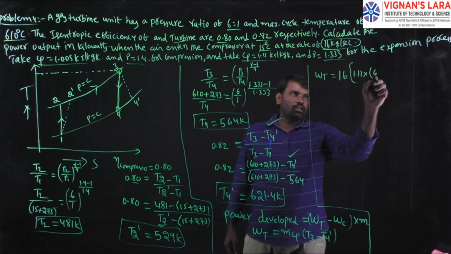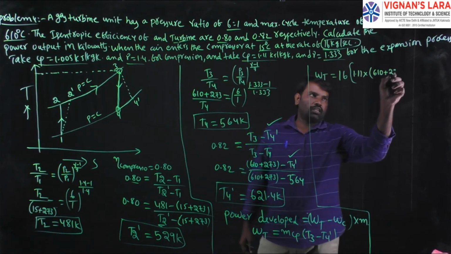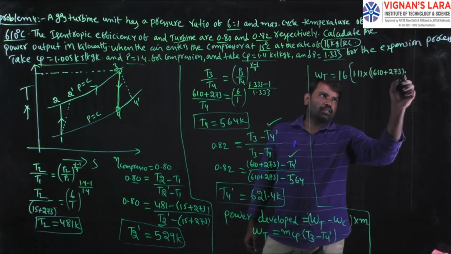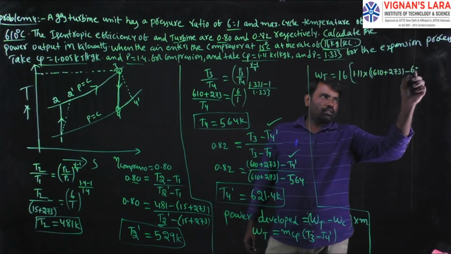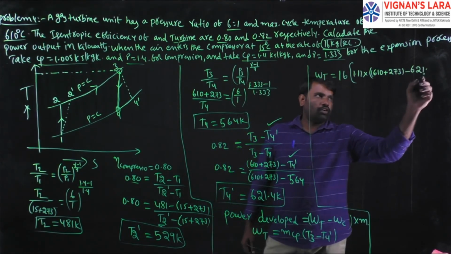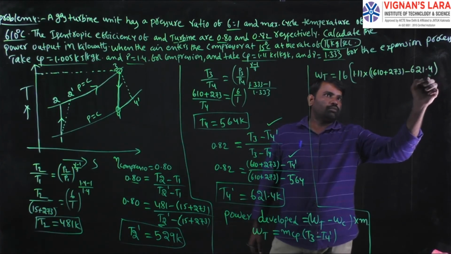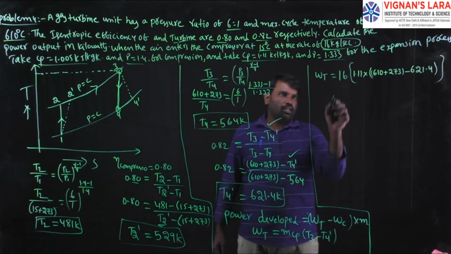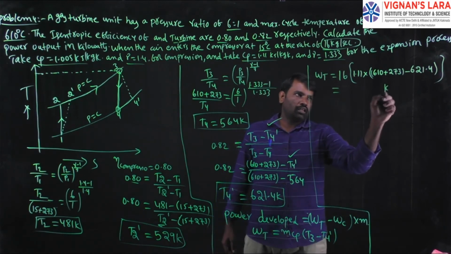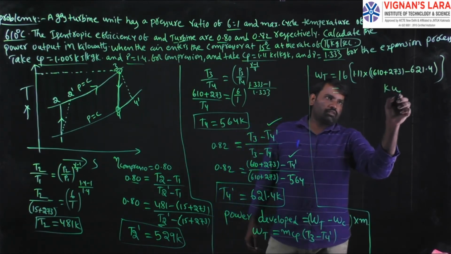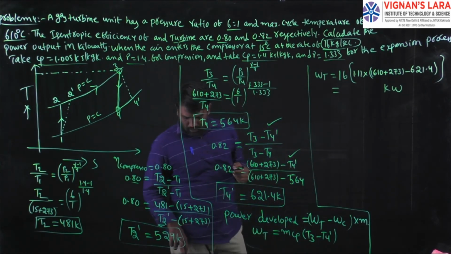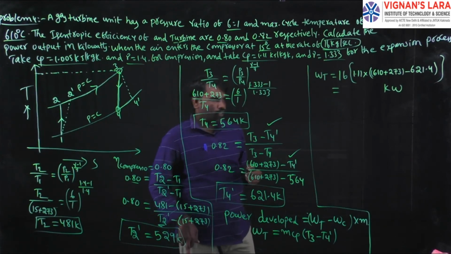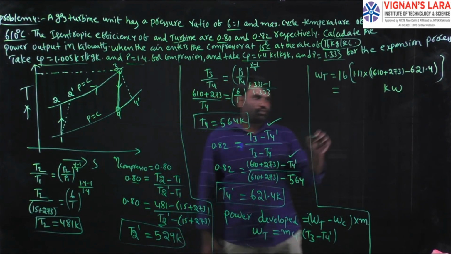T3 is equal to 610 plus 273, minus T4 dash, which is 621.4. In this manner we can easily evaluate the turbine work in kilowatts: turbine work is 290.44 kilowatt.